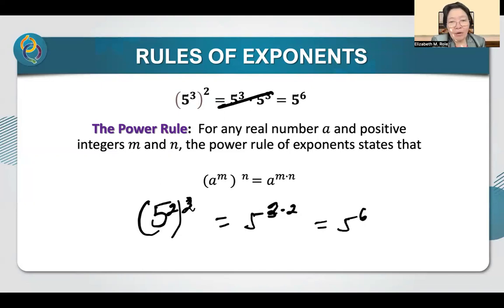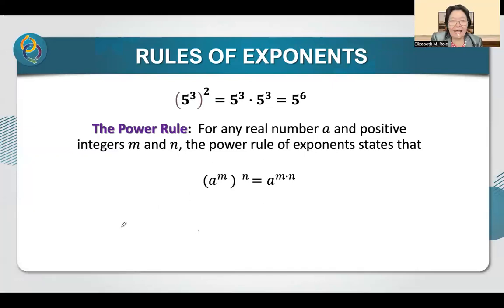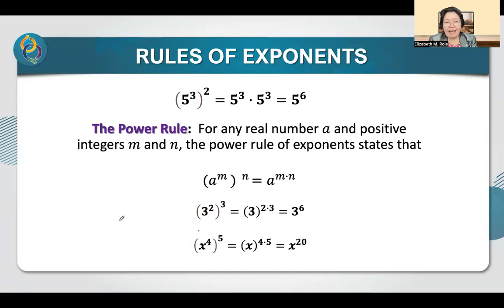So that's the second rule. We call it the power rule. When I have 3 squared cubed, you just have 3 raised to 2 times 3, which is 3 to the 6th. And when I have x to the 4th to the 5th, it will just be x to the 4 times 5, which is x to the 20.